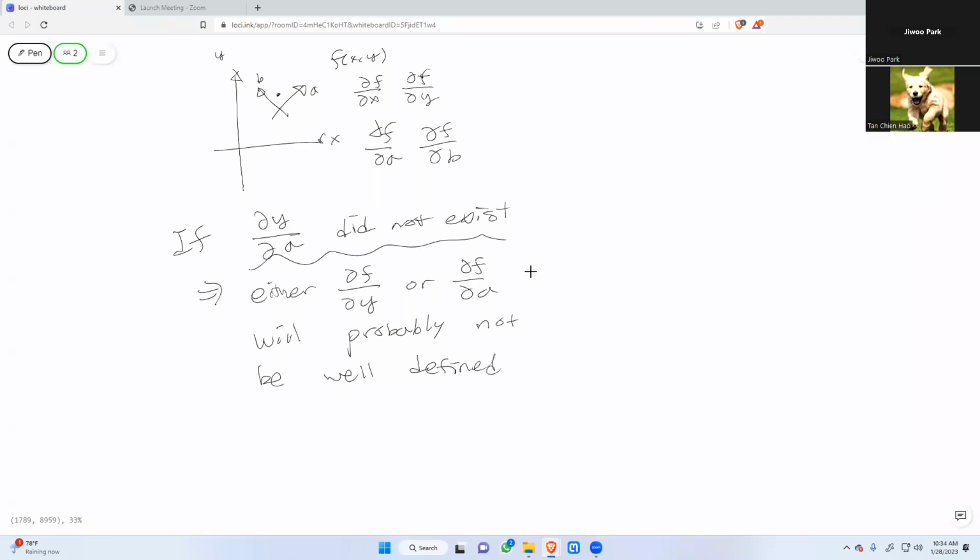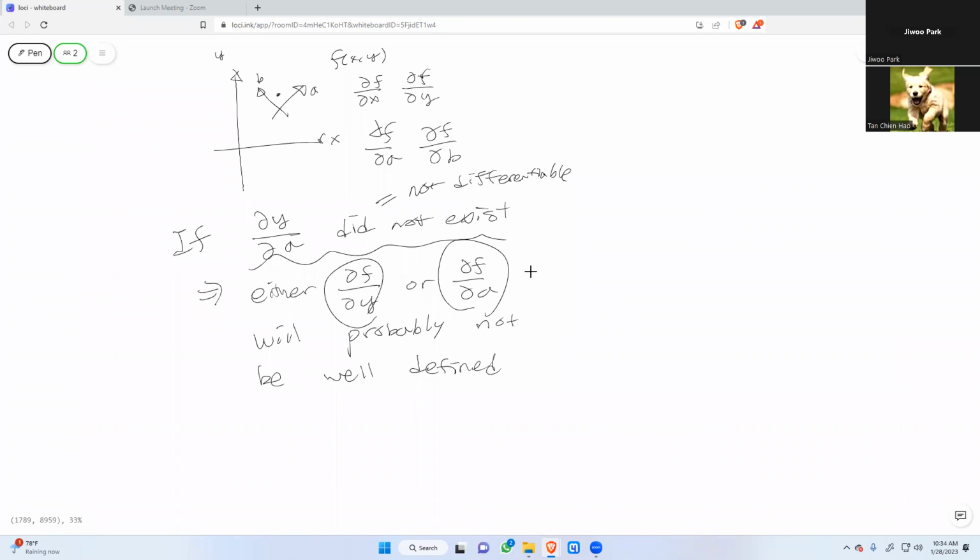By saying partial y partial a does not exist, I mean that this is not differentiable. In that case, either one of these will probably not be well defined. So this is a very annoying situation to work with because there is no sense of a reasonable definition of a function that is differentiable on this particular manifold.